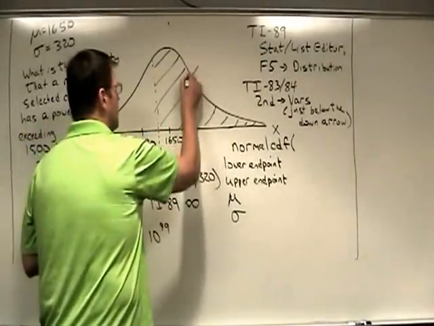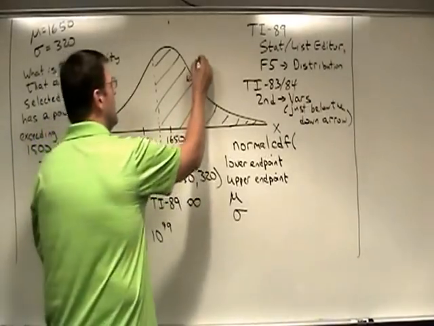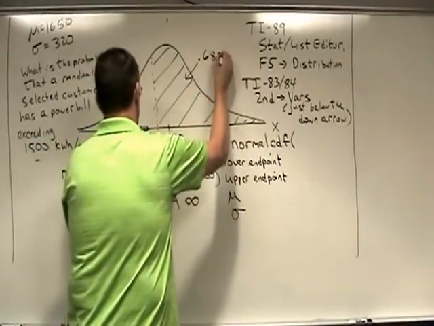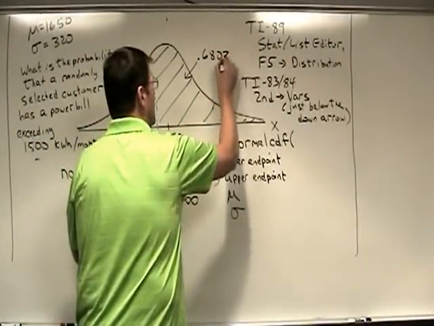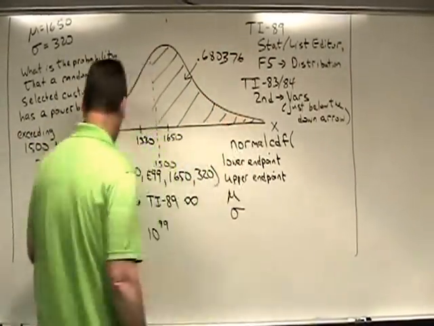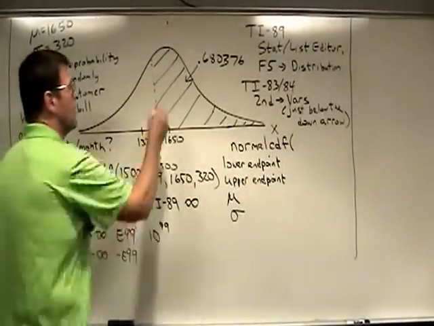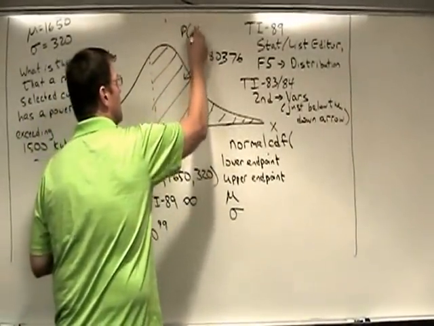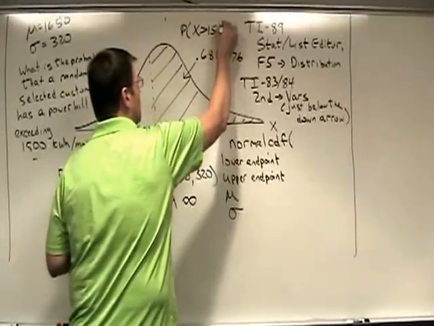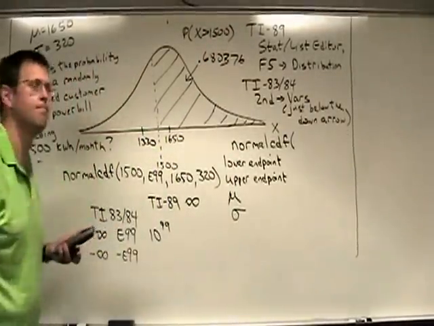So this region right here, this area, is 0.680376. And so that is the probability that we're interested in, the probability that x is greater than 1500.